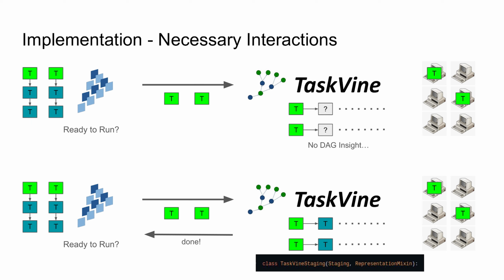So on the top, Parsl is handing ready-to-run tasks to TaskVine, and it has no insight about what is to come. And so it can put ready tasks out there on the workers, but what we really want to do is have TaskVine get more than what is necessarily ready to run at the moment.